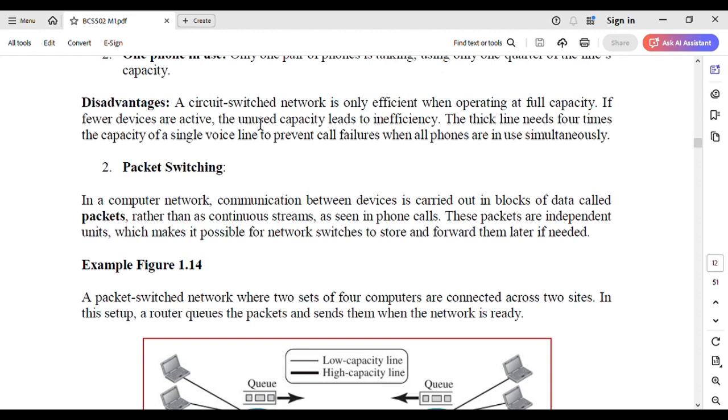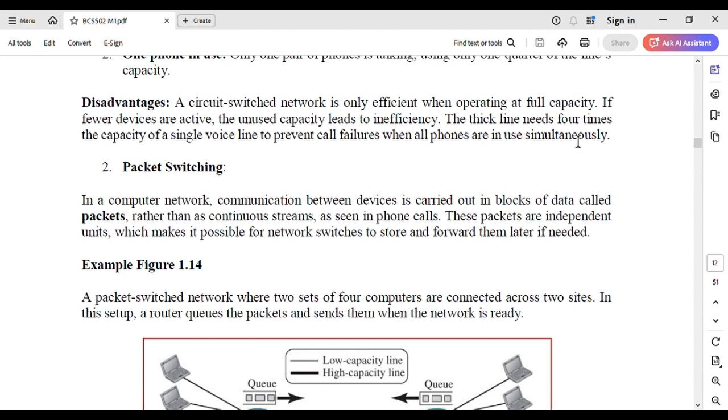Disadvantage: a circuit switch network is only efficient when operating at full capacity. When fewer devices are active at a time, it leads to inefficiency. The thick line needs 4 times the capacity of a single voice line to prevent a call's failure when all phones are used simultaneously.